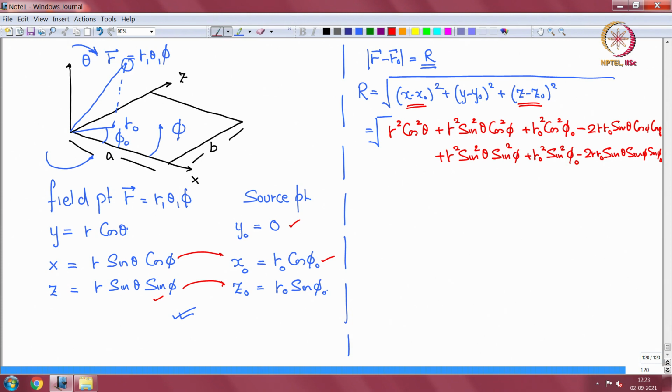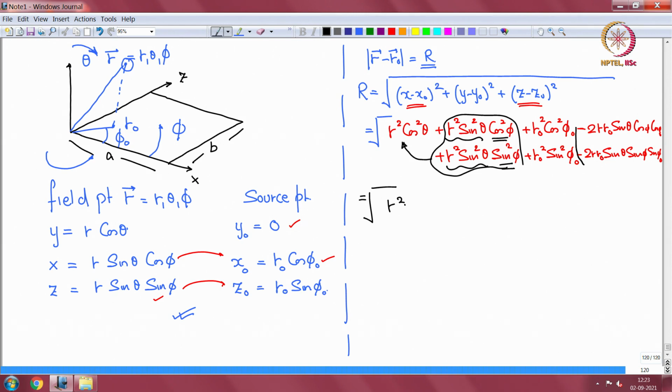Okay, so now this term here has this common cos square phi plus sin square phi. So this is r square sin square theta, then r square sin square theta plus r square cos square theta gives me r square.